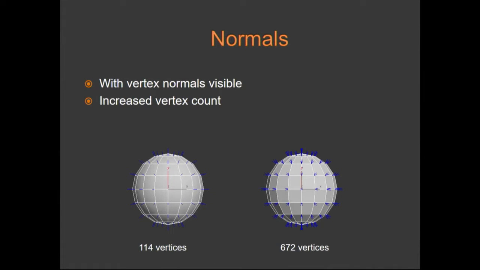What's important to understand with the splitting of these vertex normals is that it increases the vertex count of your model. So as you can see, these two spheres, even though they share exactly the same topology and have the same number of polygons, the sphere on the right has significantly more vertices.